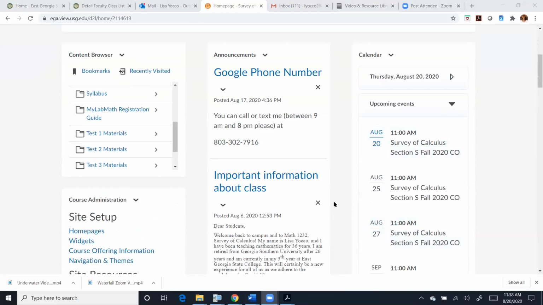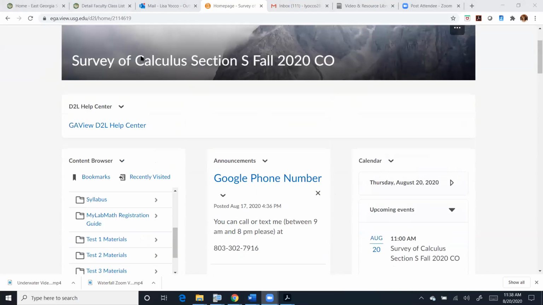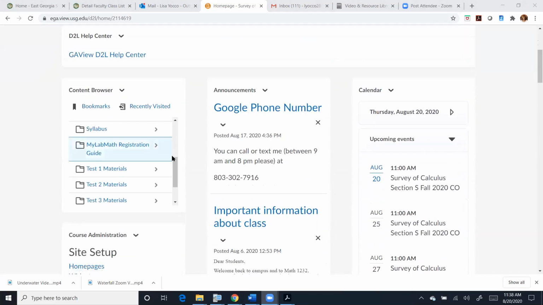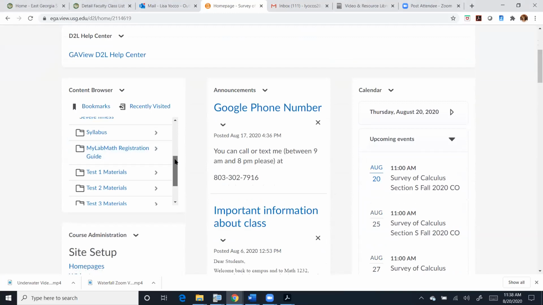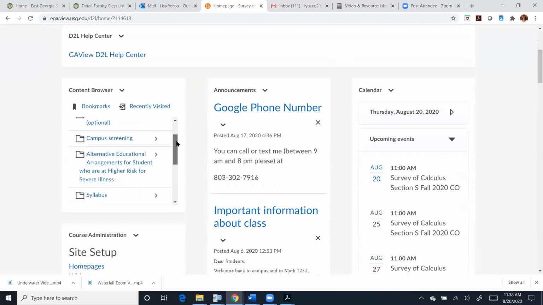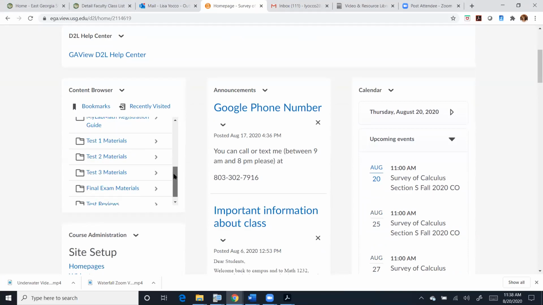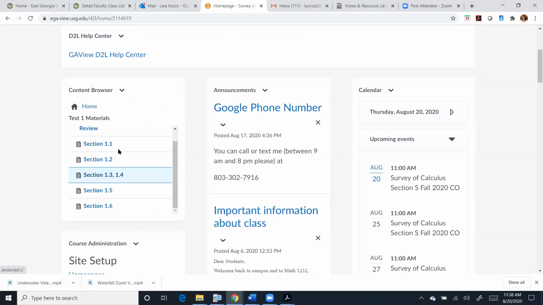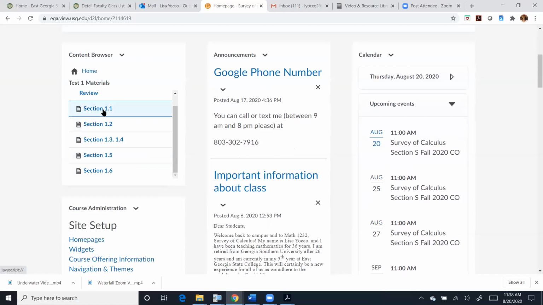All right, do you see, here's your home page in D2L. Yes, ma'am. Okay. Over on the table of contents, this is where I'll put a link for the Zoom videos. But over here under test 1 materials, these are the notes that I'm using.